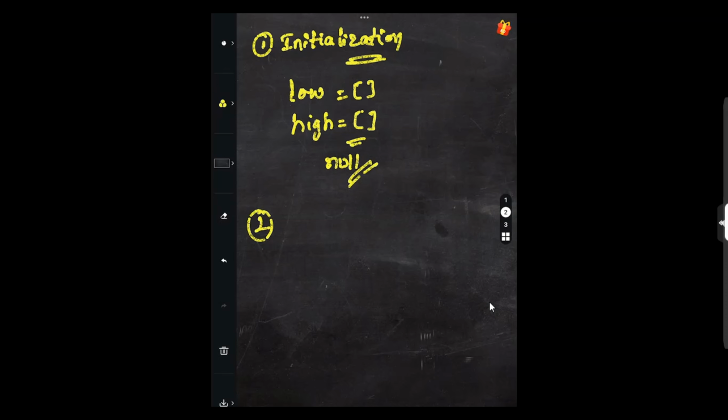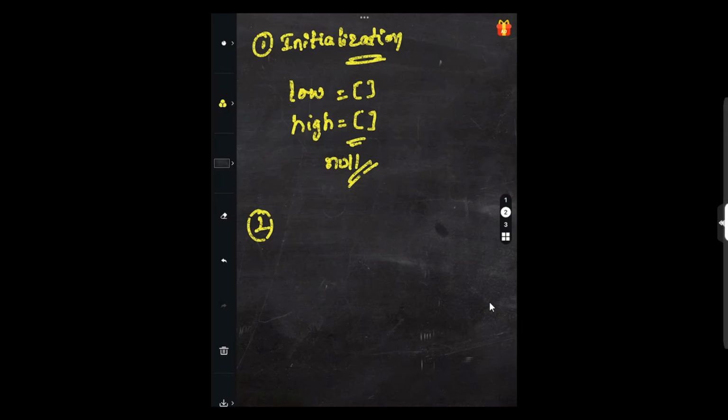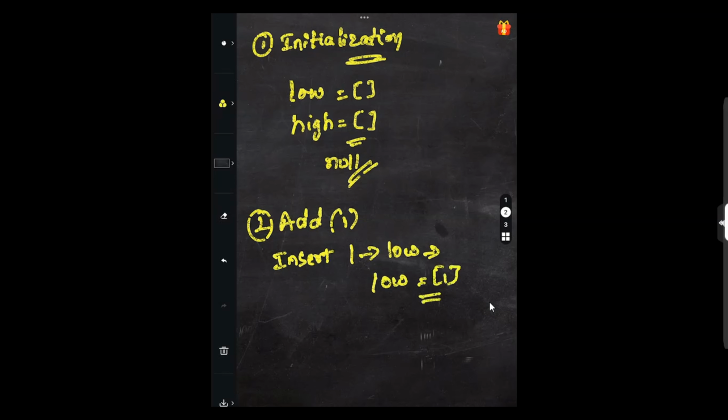We are adding 1 in this case. You can clearly see add num of 1, right? So we are adding 1 here. Let's insert 1 into low. Now low will be equal to 1, right? High still remains empty.